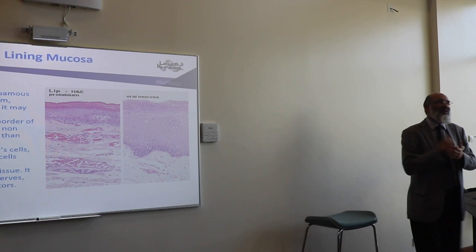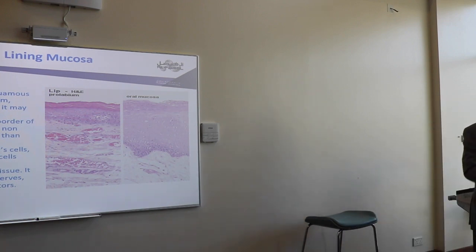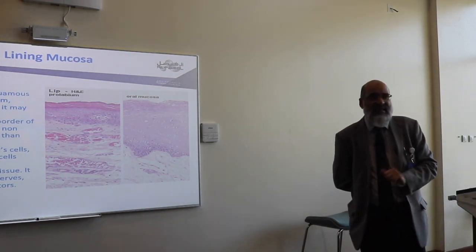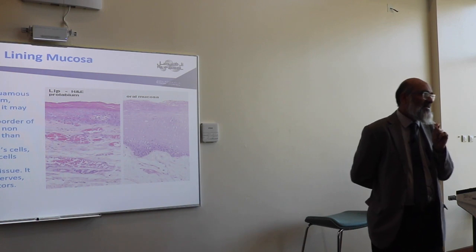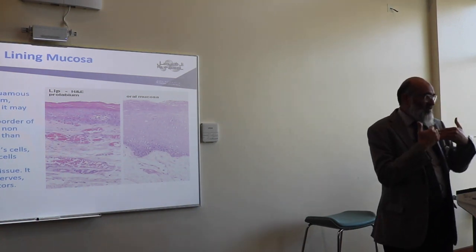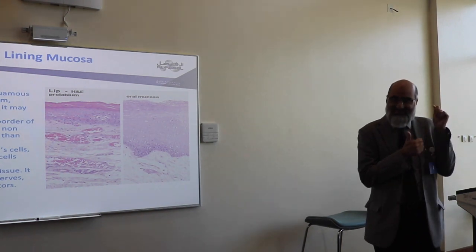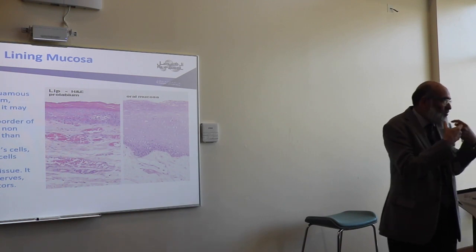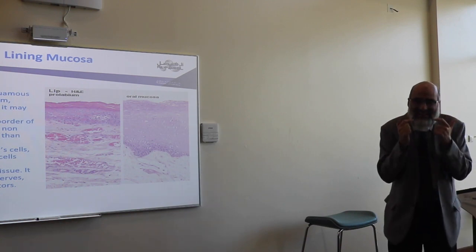Now, in the oral cavity, the epithelium is stratified squamous. Okay, done. This is in most places. But in the oral cavity, there are some areas which are underlined by bone, like the hard palate. These gums which are covering our teeth, roots of the teeth, they're harder.